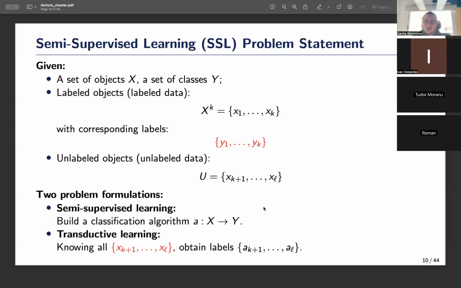Transductive learning differs from both induction and deduction. Induction is generalizing from specific instances to general rules, and deduction is the other way: applying general rules to specific cases.